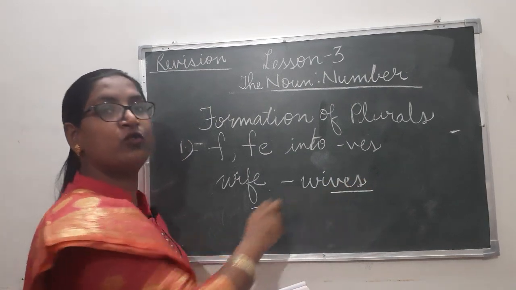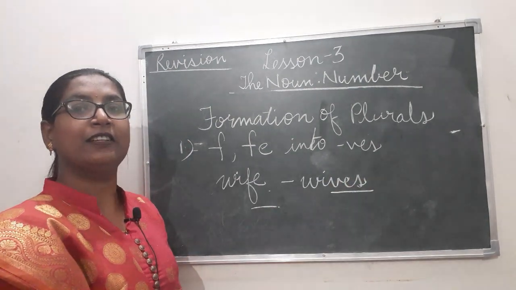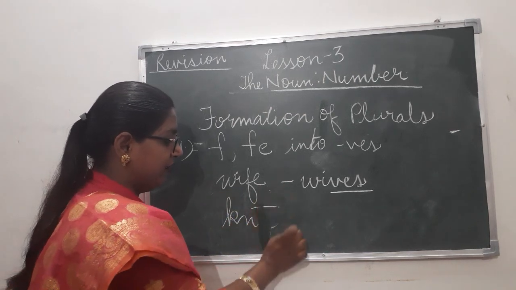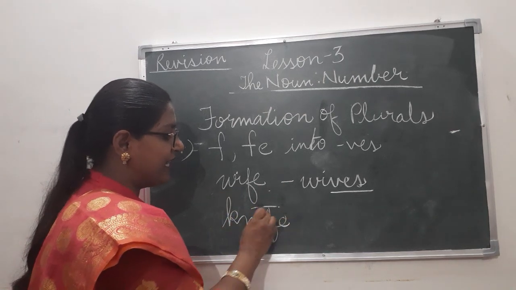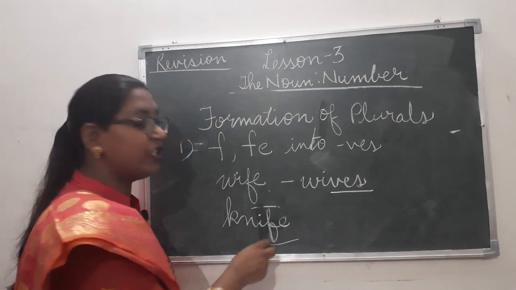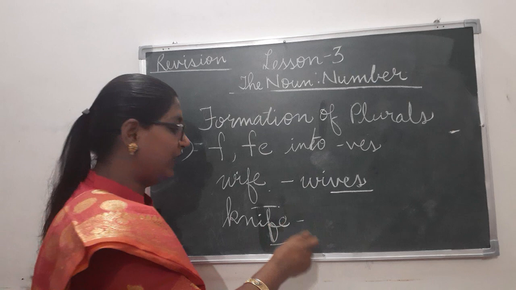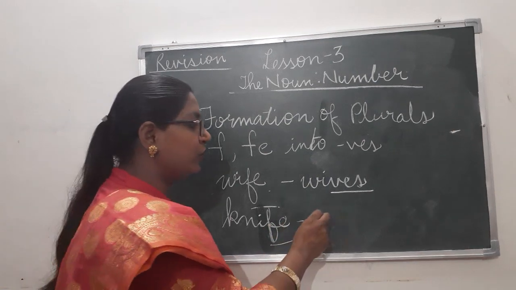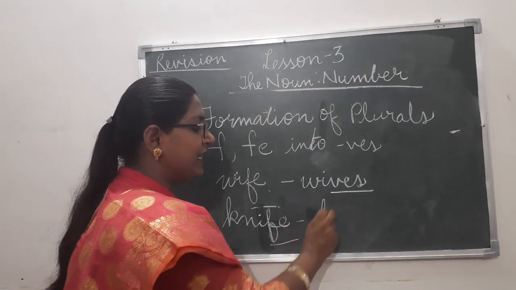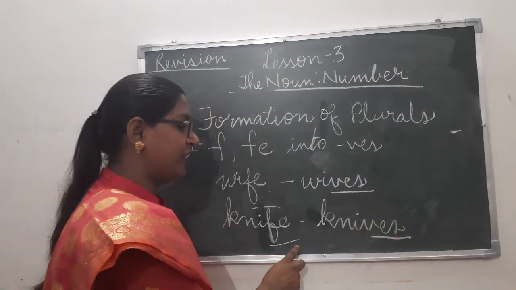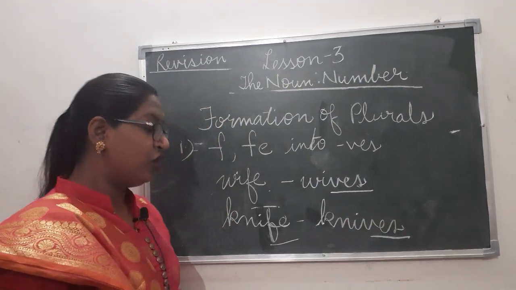For example, knife. The word knife is also ending in FE. So when we make it plural, FE is changed into VES. Knives.